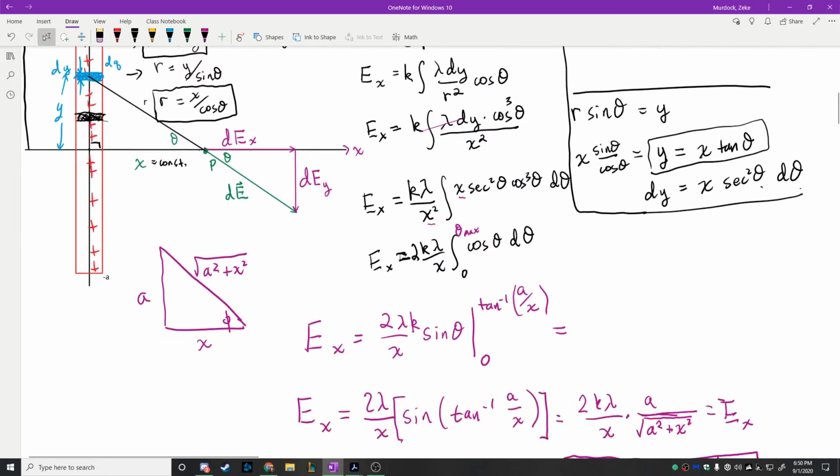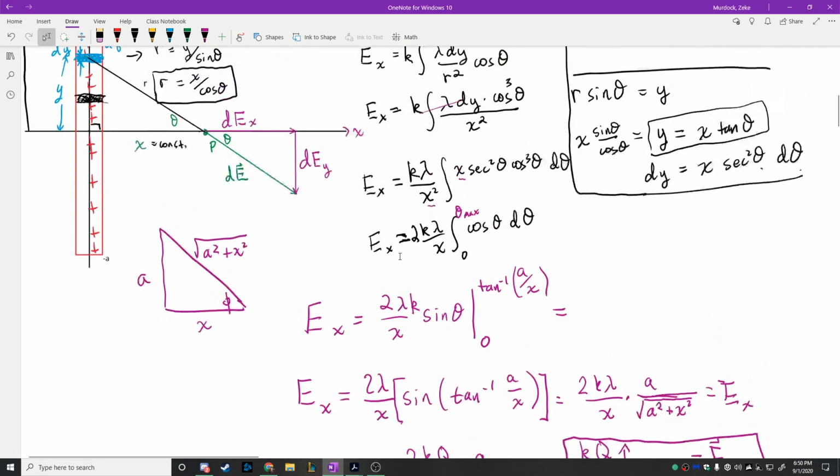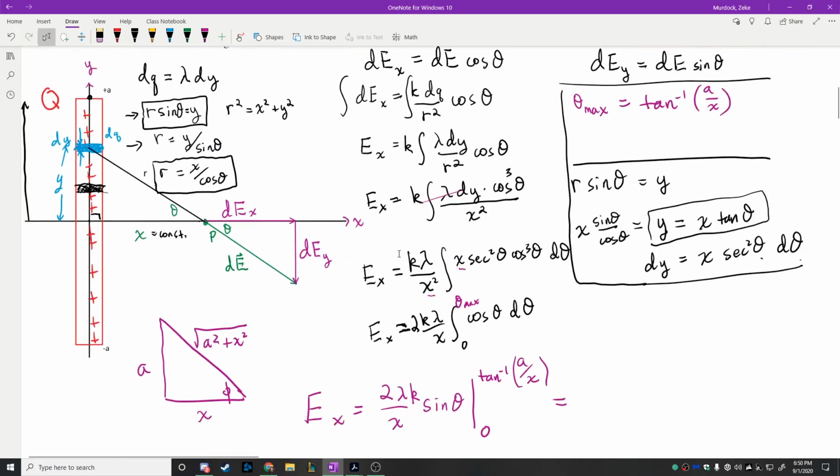I'm going to mention that on your homework for the lab manual, there's going to be one change, and it's going to have a pretty substantial impact if you don't know what's going on. The value of lambda is something like k times x squared.